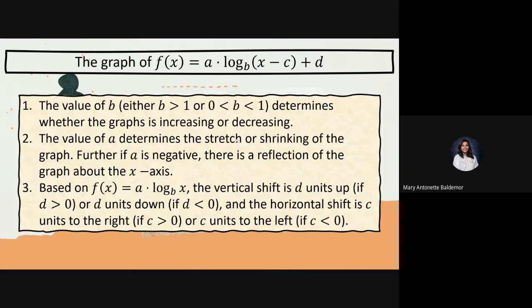It will move upwards if it is positive, downwards if it is negative. And the c value here will describe how many units the graph will move to the right or to the left. To the left if it is negative, so c is less than 0, and to the right if it is positive.